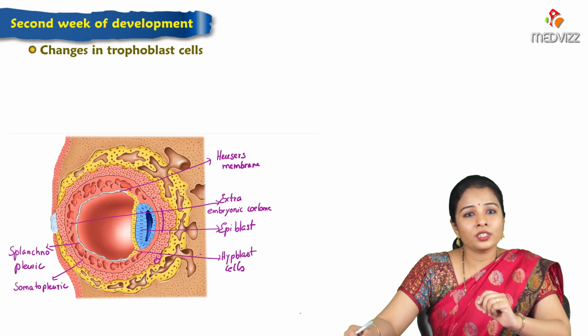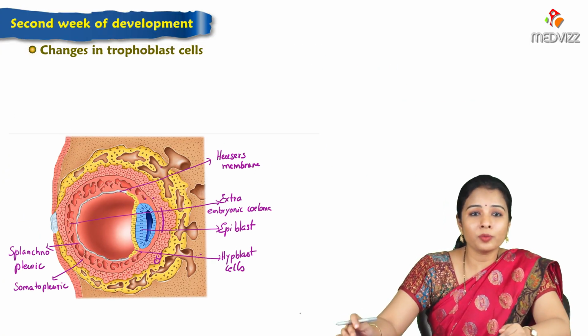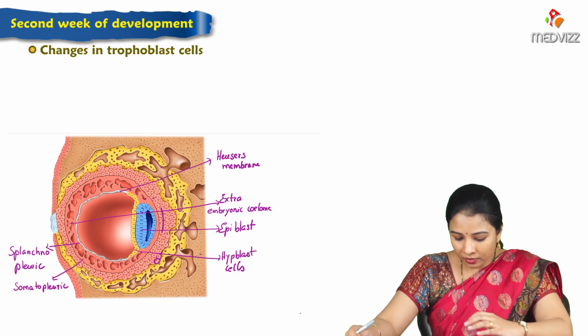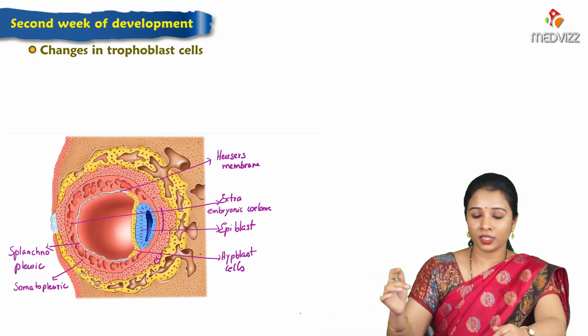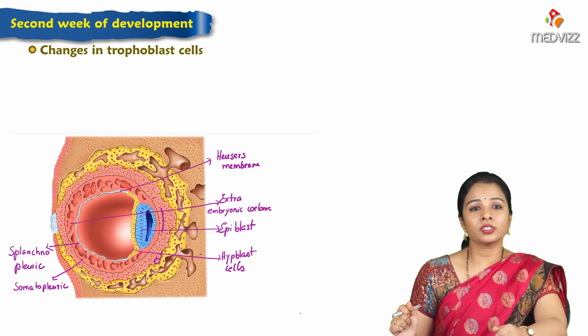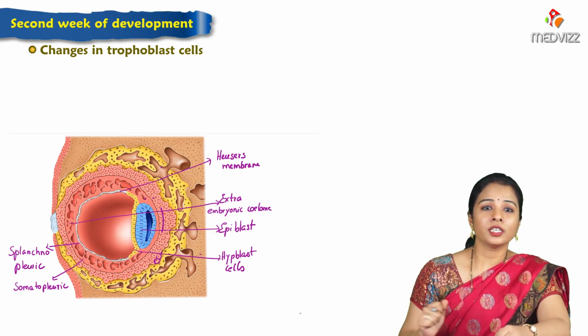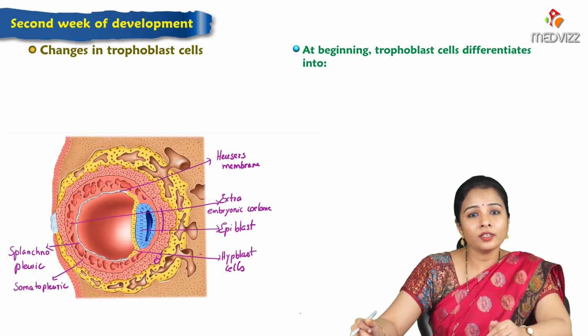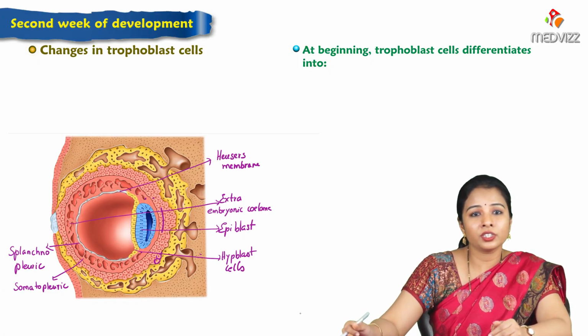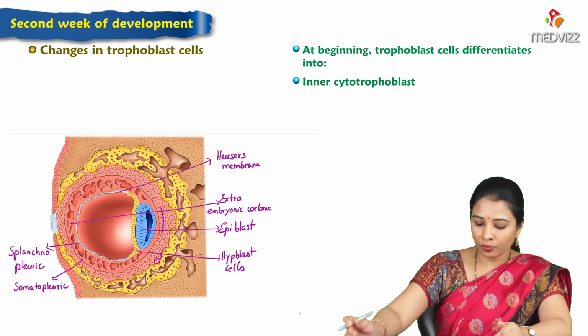Let's see the changes happening in the trophoblast. All this time we observed the embryoblast cells and changes in the yolk sac and extraembryonic mesoderm. Next we shall discuss the changes happening in the trophoblast. At the beginning of the 2nd week, the trophoblast cells differentiate into the inner cytotrophoblast.